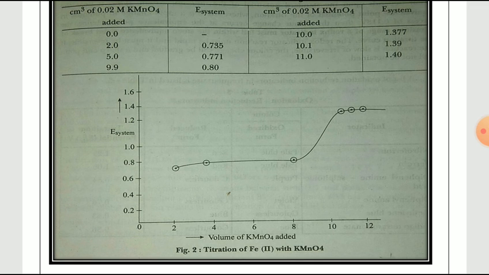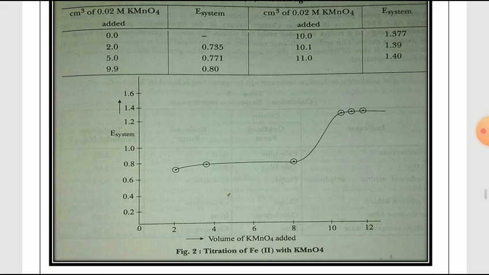See, on the y-axis there is E system, and on the x-axis there is the volume of KMnO4 added, that means titrant added from the burette. Then we will get such a graph for this multi-electron system. Okay, so thank you.